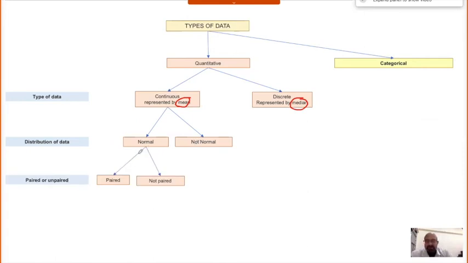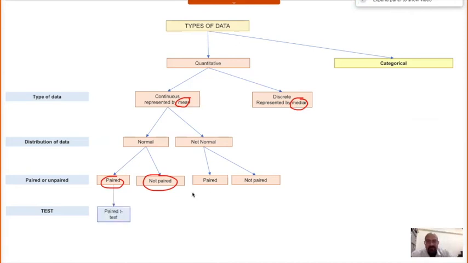Now, if it is normal, you need to determine whether the comparison is paired or not paired. Even if it is normal, we need to see if it is paired or not paired. The test to apply, if it was paired data, is a paired t-test.